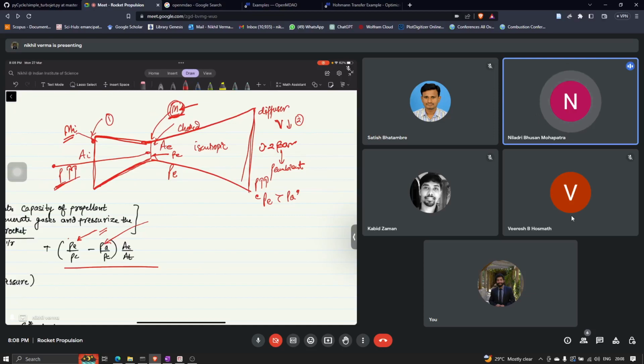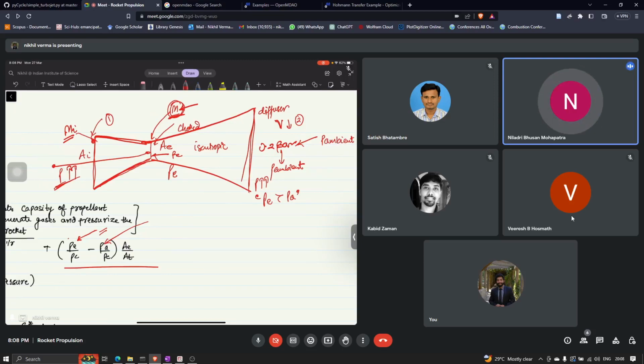PE is less than, because it is designed for 0.2 initially. While deriving the equation, I derived it on the basis that the nozzle is choked, then the flow is happening.